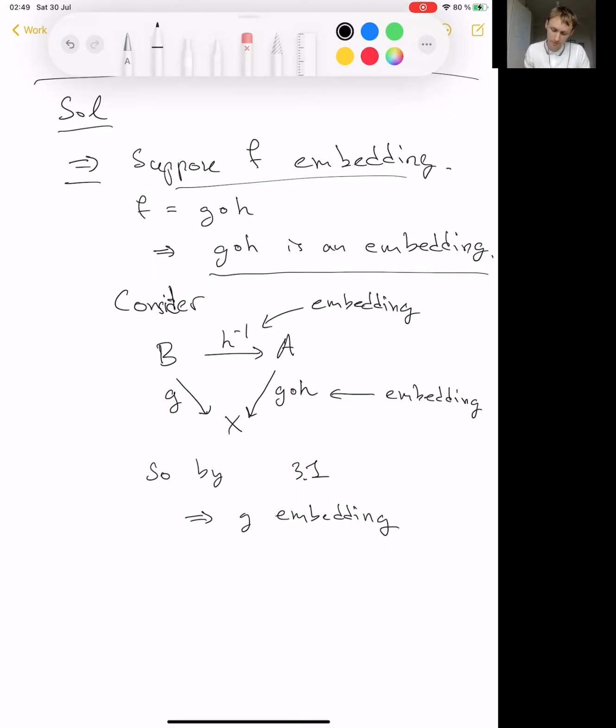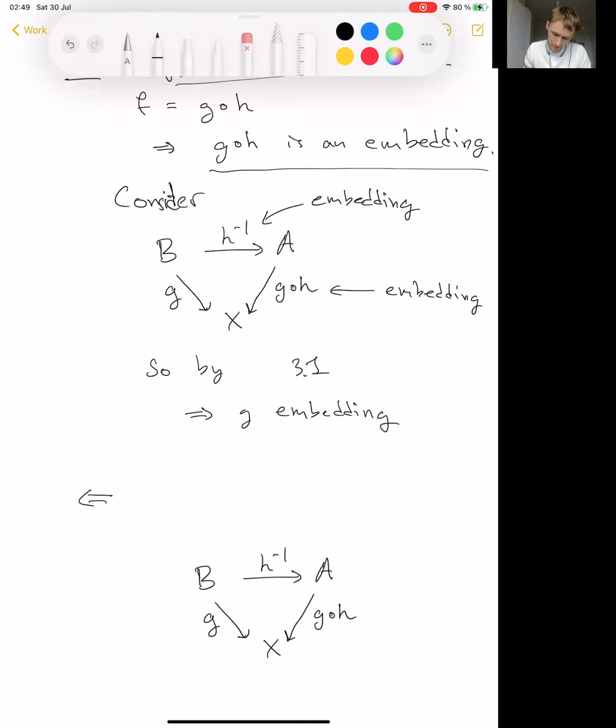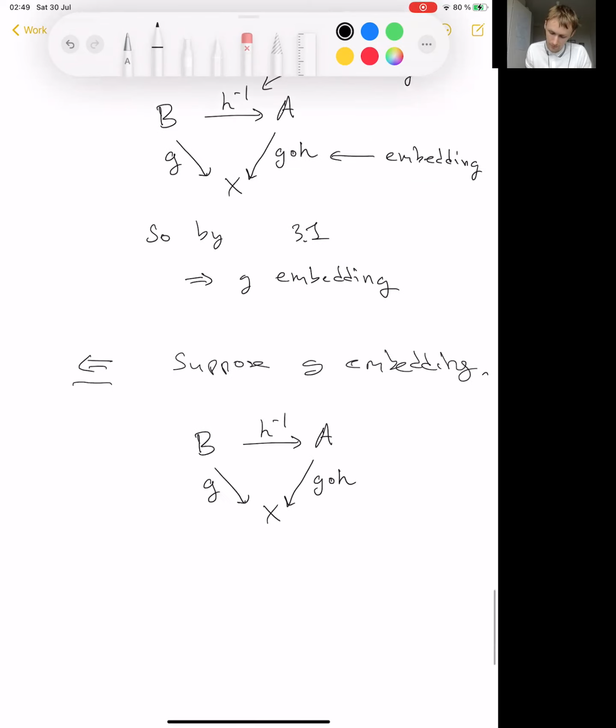And of course, now when we have this diagram, for the other direction, it's going to be the exact same thing. So let's just take this diagram again. For the other direction, we have assumed that G is an embedding. So suppose G is an embedding.